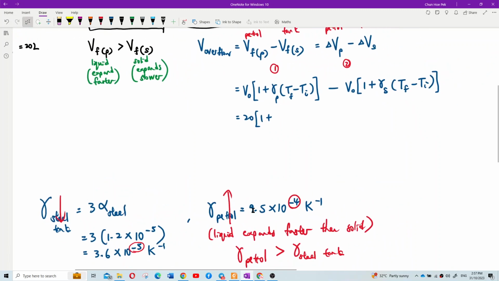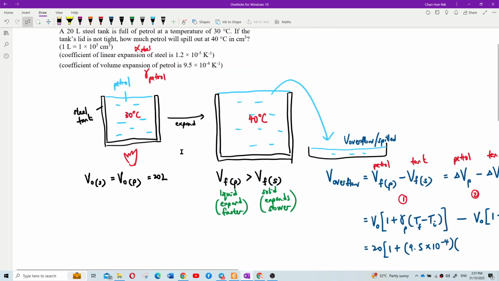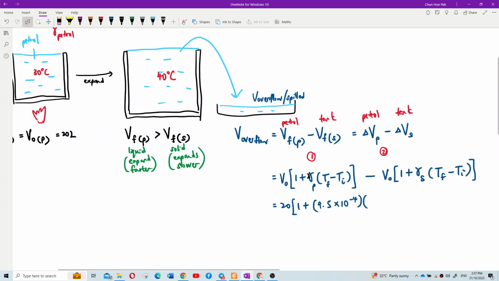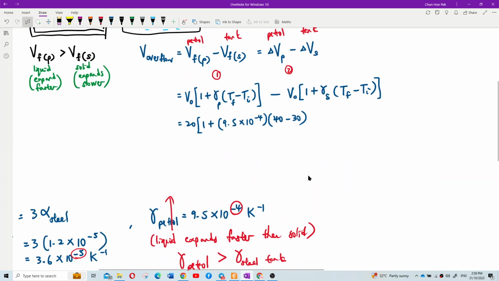Gamma for petrol is 9.5 × 10^-4. Multiply 9.5 × 10^-4. And then final temperature. I heat up from 30 to 40. That means final is 40, initial is 30. That means a change of 10 degrees Celsius only. Okay, 40 minus 30. Understand?